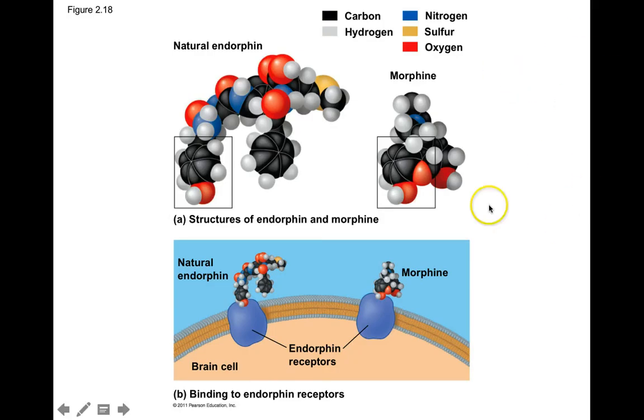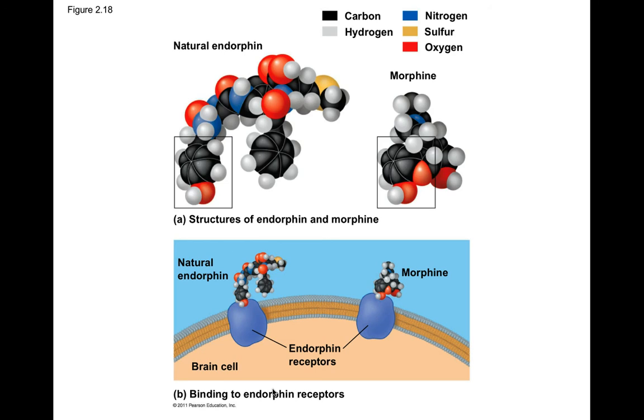The shape of a molecule is very important for its function. Shape determines its function. Our endorphin receptors are shaped in such a way that they allow the medicine molecules to sit in them, and when they bind to each other, they convey the signals so that our brain cells do not feel the pain anymore.